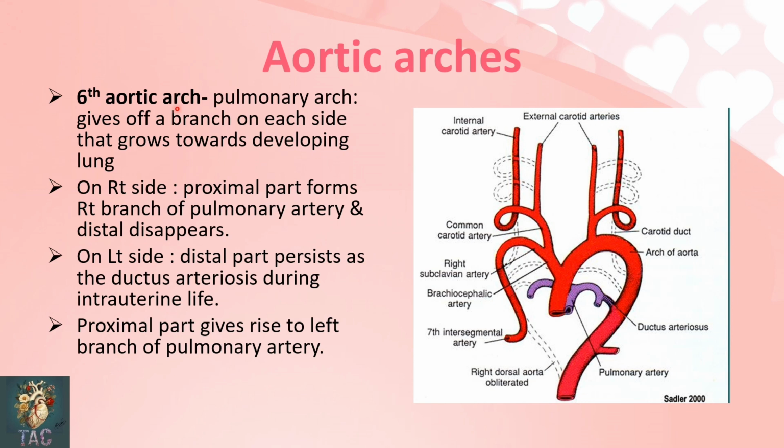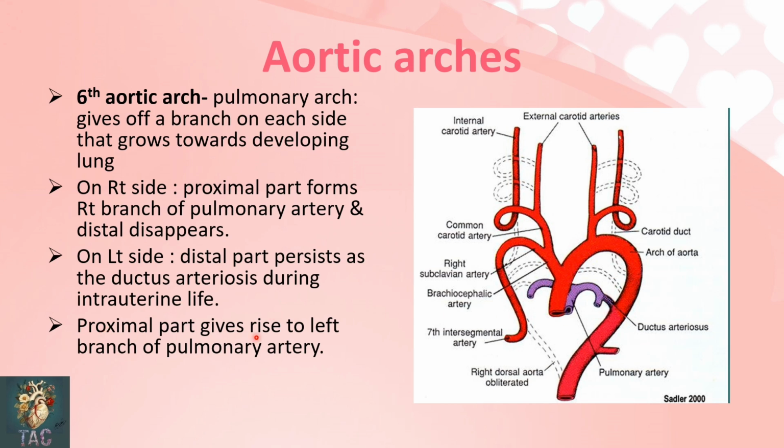The sixth aortic arch, the pulmonary arch, gives off a branch on each side that grows towards the developing lung bud. These are the pulmonary arteries. On the right side, the proximal part forms the right branch of the pulmonary artery, and the distal part disappears. On the left side, the distal part persists as the ductus arteriosus in intrauterine life, and later on after birth, when this channel closes, it will form the ligamentum arteriosum.